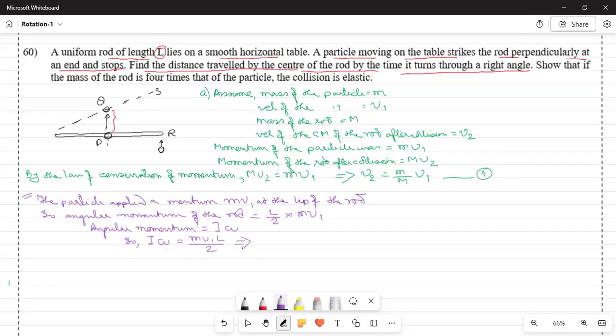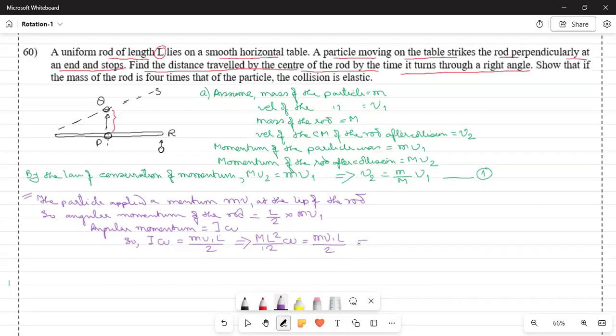Now what is I? The moment of inertia of the rod around its center is M L square by 12. So M L square by 12 into omega is equal to, on the right hand side, m v1 capital L by 2.